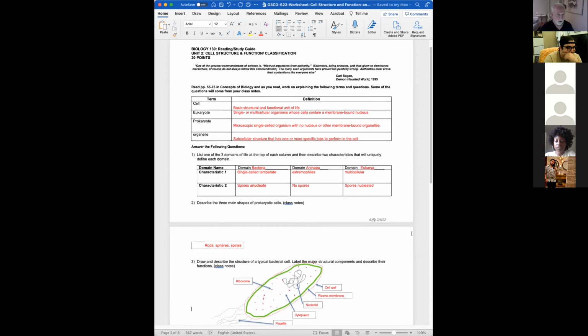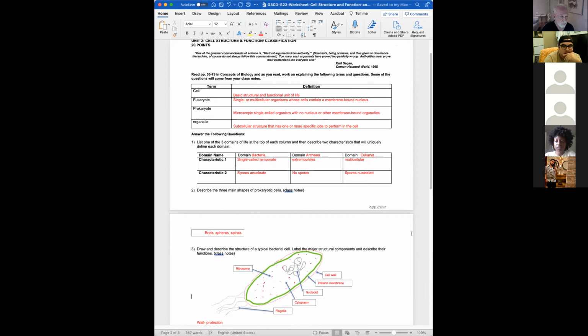You should be able to see that worksheet. Tell me if you can't. I won't go over these definitions of the first four terms. They're all straightforward right out of the book.